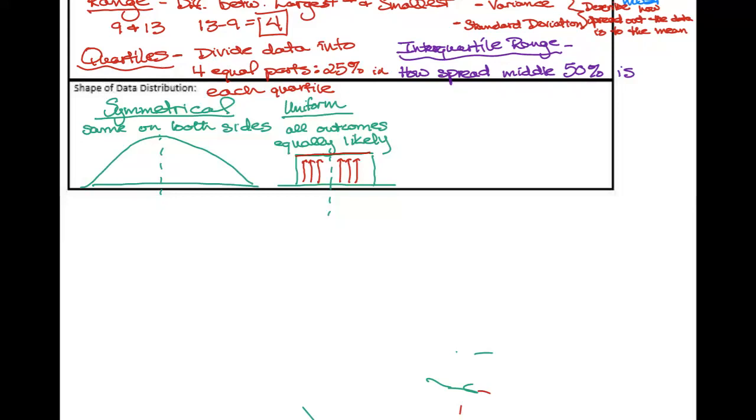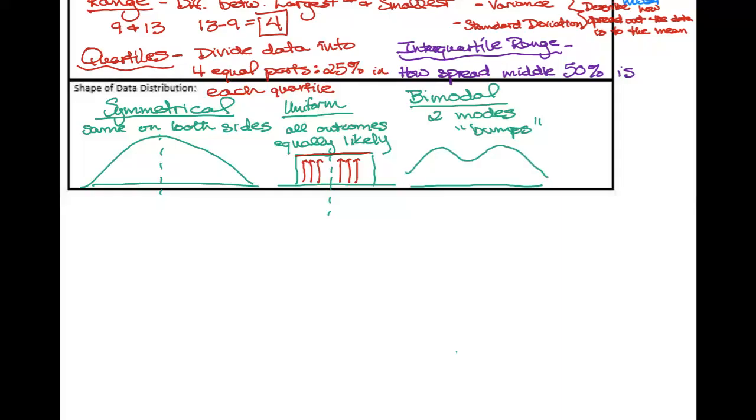Next up, we have bimodal. B-I. What does that prefix, bi, mean? Two. So bimodal means you are going to have 2 modes. And remember, the modes are the pieces of data that occur the most. 2 modes or 2 bumps in your graph. 2 hills.